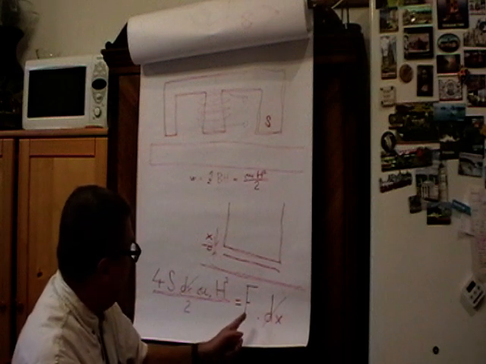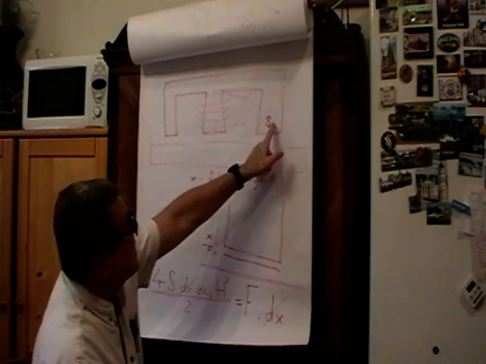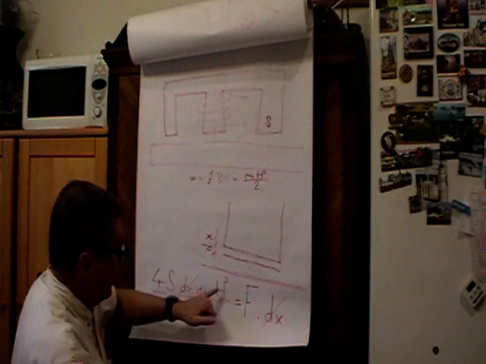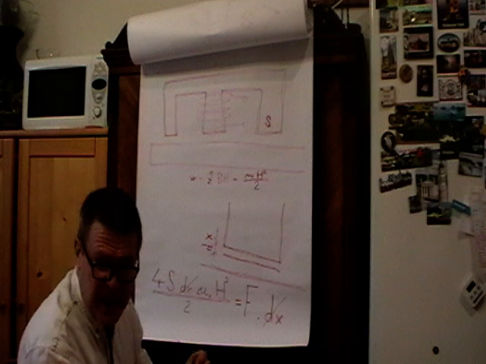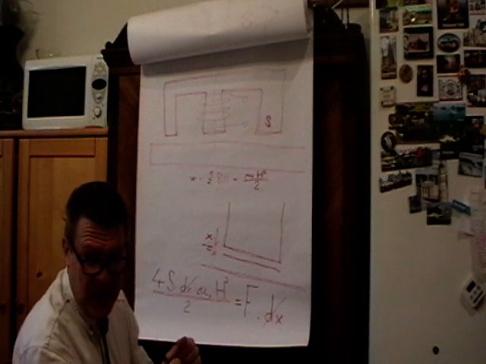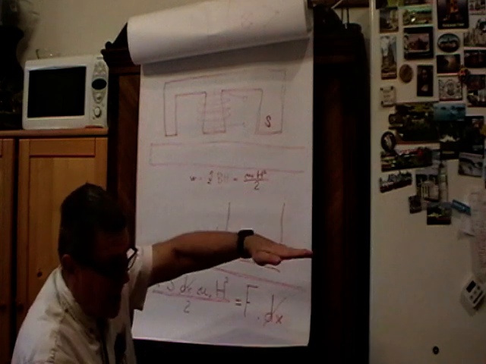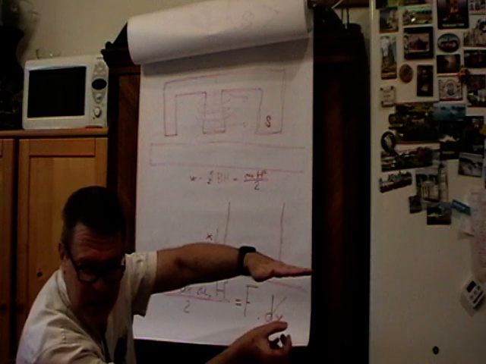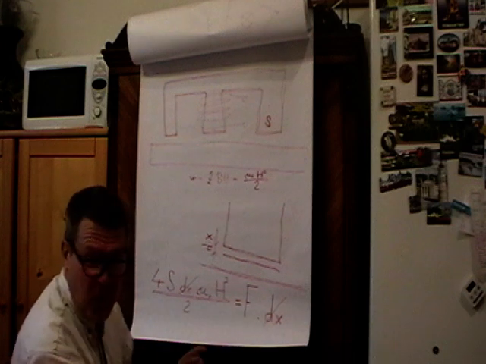It is equivalent to 2 times this surface mu 0 H squared. And we have been able to calculate the force that affects the brake at the beginning, or when there is still air gap, and this is our equation for that.